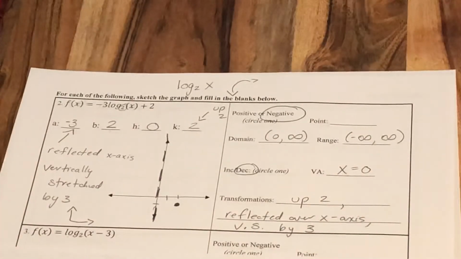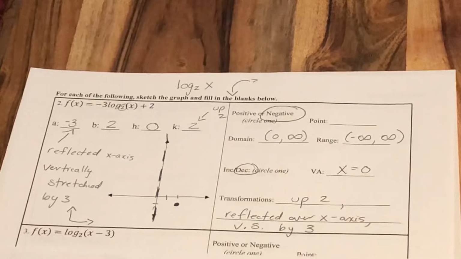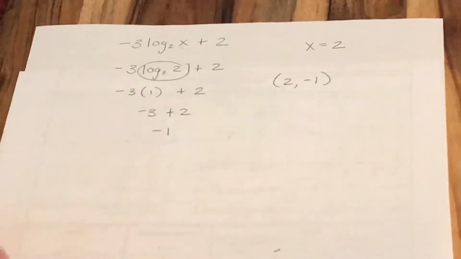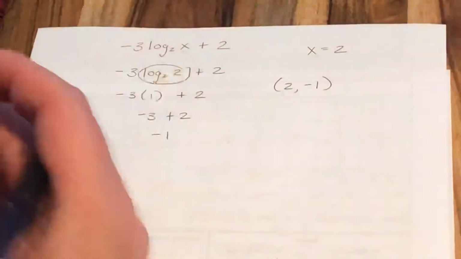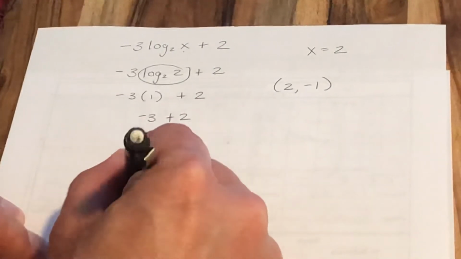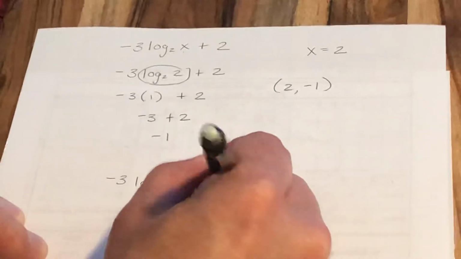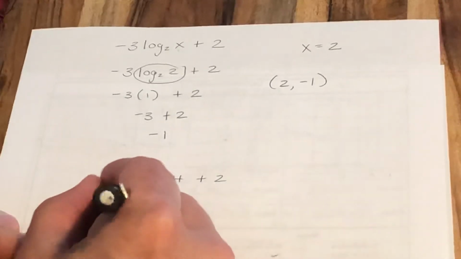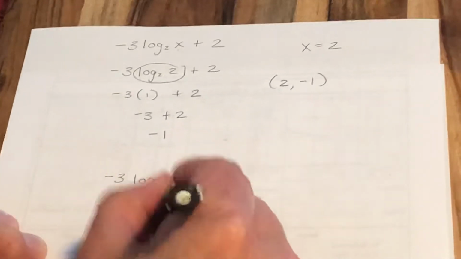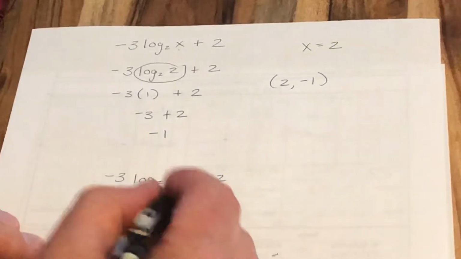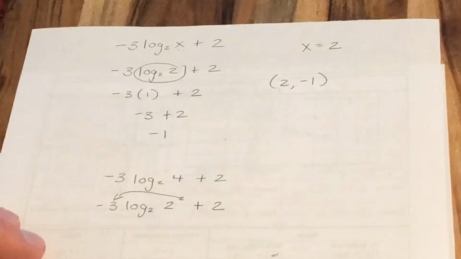We could plot that. Now you can do a lot of these very similarly. Obviously, each one is going to be stretched and pulled. Let's just do another one. Let's do something that, again, we can work with, if you will. Let's pick 4. So we'll say -3 log base 2 of 4 plus 2. Well, this is -3 log base 2 of 2 squared plus 2. Understanding that the 2 comes out front, okay?